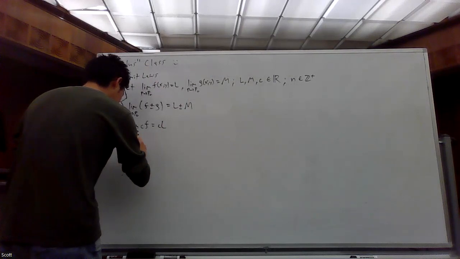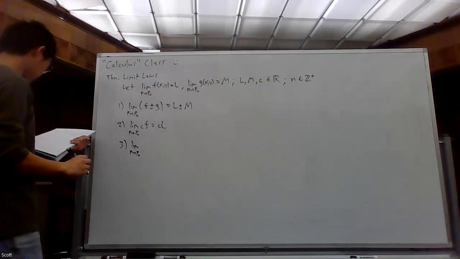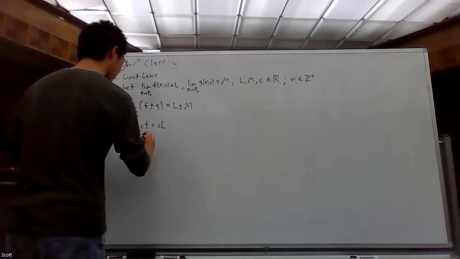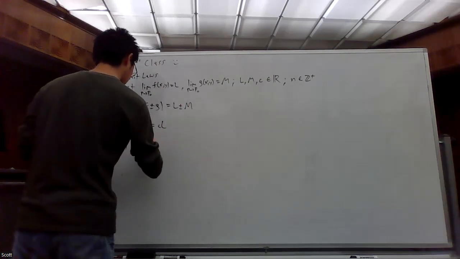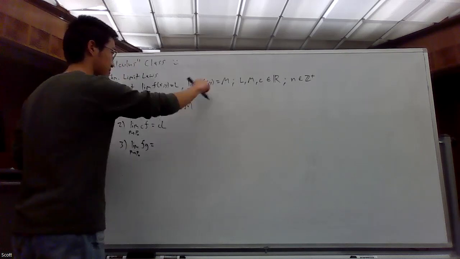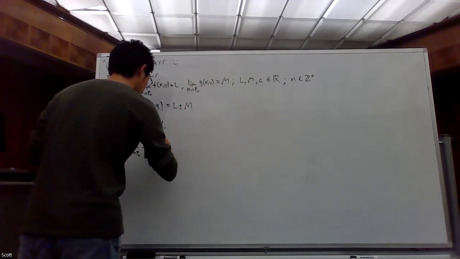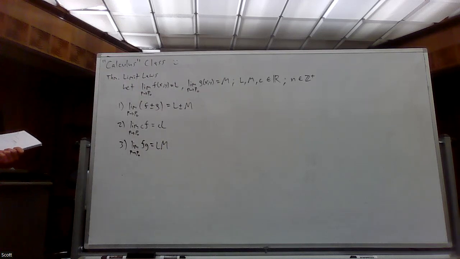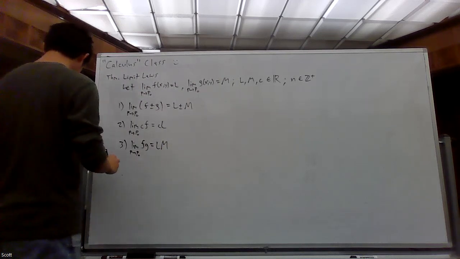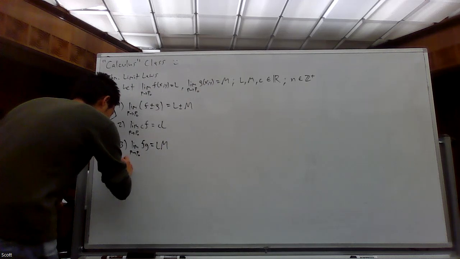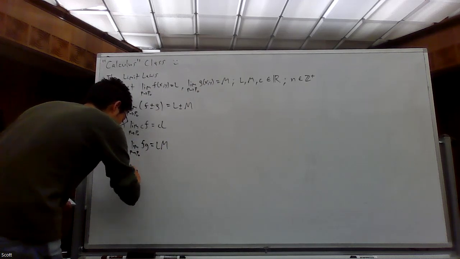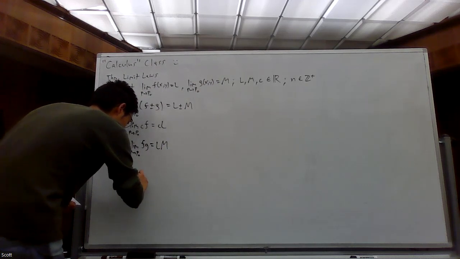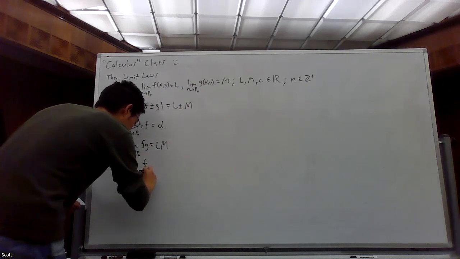And now we've got the limit as P goes to P naught of products. If I take the function f and multiply it by the function g, then we just multiply what those limits are going to be: L times M. Same thing goes for quotients, which will be f over g.